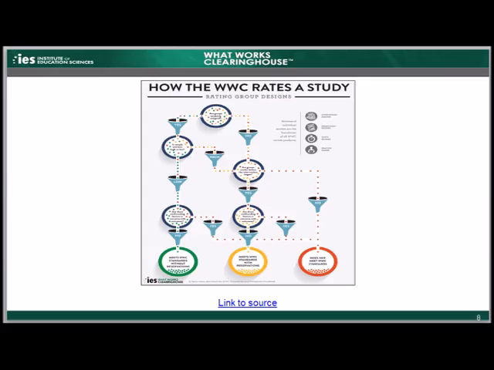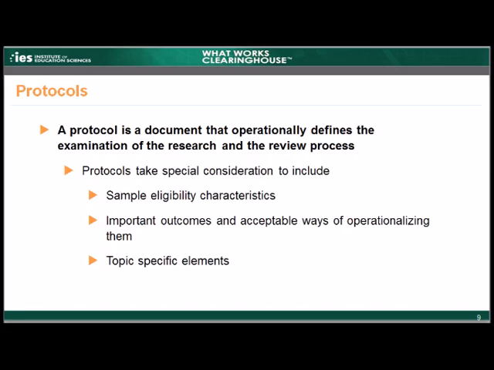I mentioned earlier that the WWC has developed a handbook that outlines the rules that the WWC follows when carrying out reviews. These rules include the standards against which intervention studies are evaluated. The handbook was developed by IES in consultation with experts and went through a rigorous review process. It has been revised twice and is now in its third version.